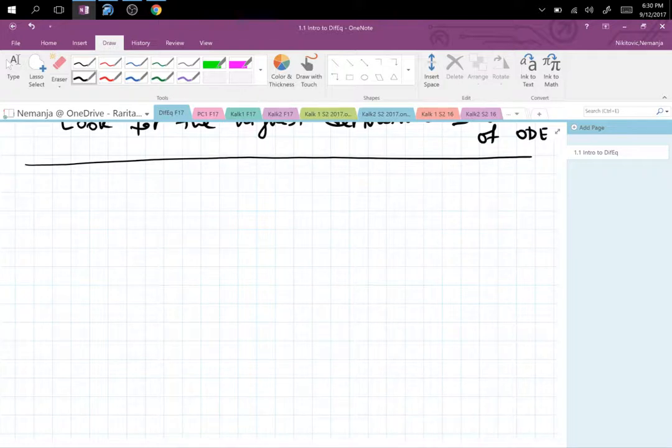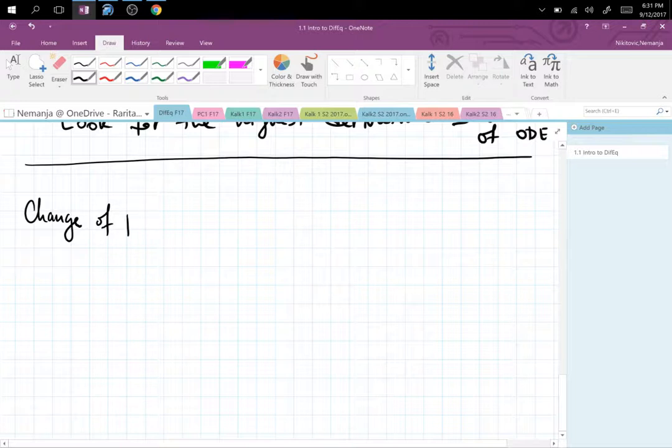In differential equations, stuff starts by you realizing that there is a model to be written as a differential equations model. So we start by, let's do the most basic stuff from bio, where I'm going to say that change of population in time is proportional to population. I'm writing that sentence down.